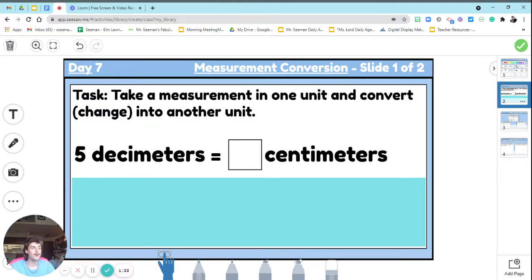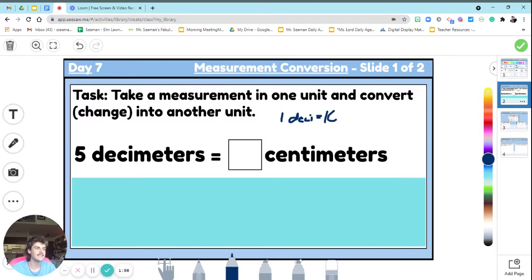Remember, when we are converting, we are not changing the amount. We're changing the units that we're using, or what we're calling it. So if I have 5 decimeters and I'm trying to put it into centimeters, do you remember back last month, for every 1 decimeter, that equals 10 centimeters? We can just use this formula.